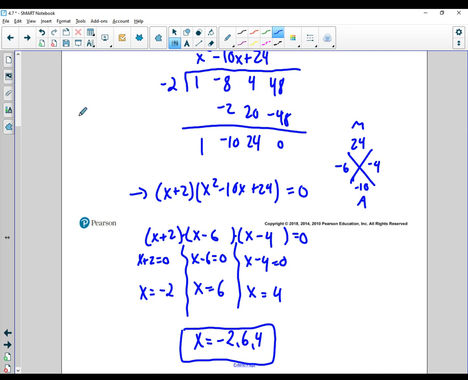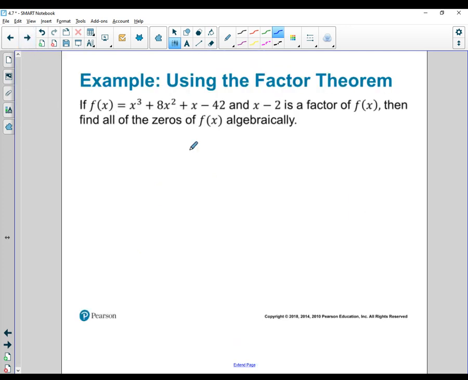Let's do a couple more. So if x minus 2 is a factor, then find all the zeros of f of x algebraically. So again, I'm going to find out what it factors into by dividing by x minus 2, and I'm going to do the cheater synthetic way, where c is 2, and then my numbers are 1, 8, 1, -42.